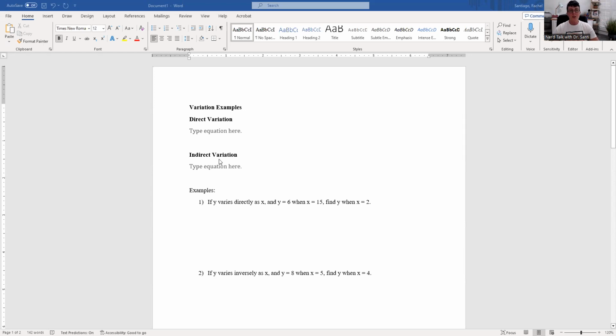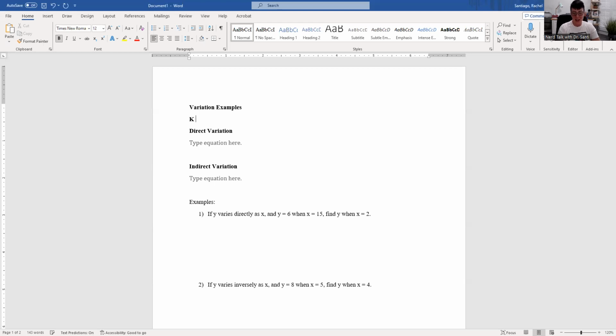But there is included this constant of variation, and we call that constant of variation k. So I'm going to make a note up here that when we see that letter k in the variation, we're referring to a constant of variation. Let's take a look at the formula.